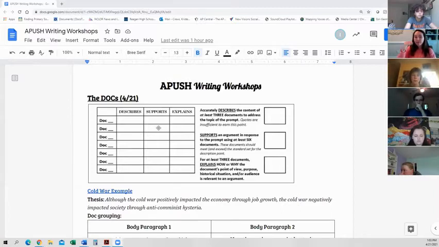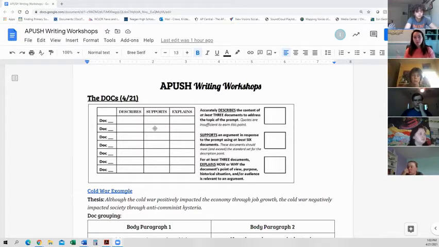But what if in the body paragraphs they are arguing consistently that it helped create jobs? We're going to use that example today, right? Document 5, where they show that this led to job growth. If they're doing that in their essay, then they can still earn that supports point.